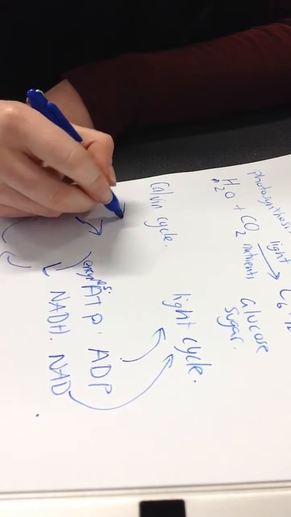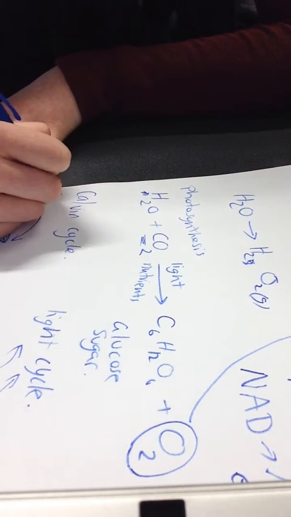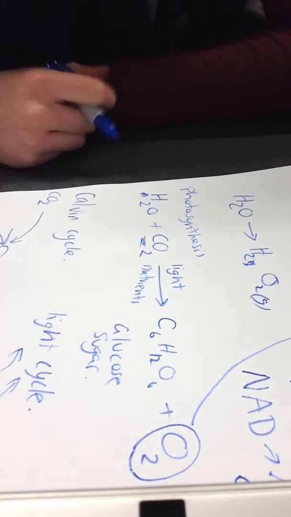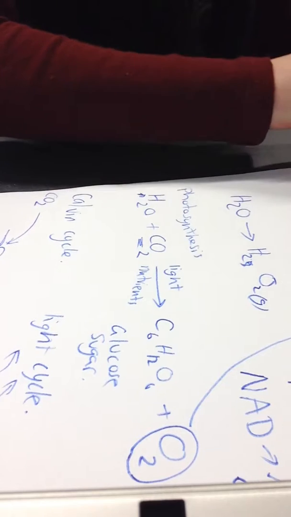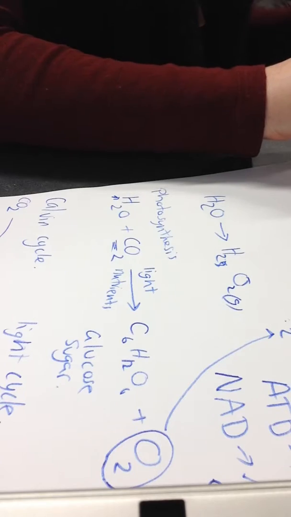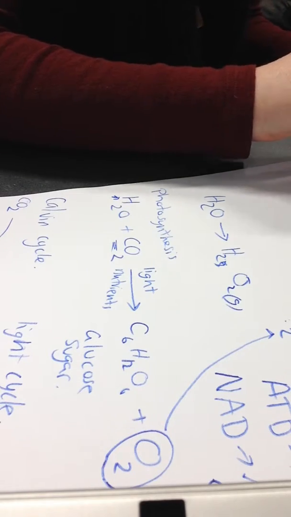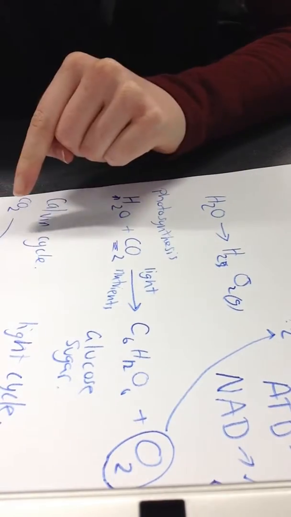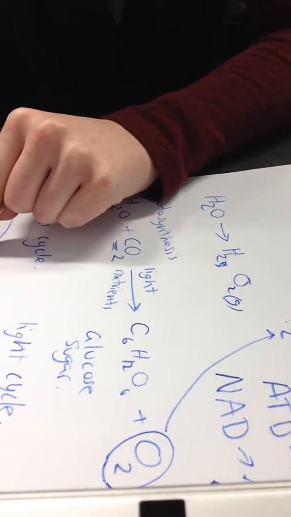And here, right at the start of the cycle, is where you've got your carbon dioxide coming in. So here is our CO2, and that CO2 binds with this to form, what is that molecule? Anyways, this chemical plus CO2 goes into this, and then it gets a whole bunch of modifications, and it ends up as a sugar, which is the important bit.